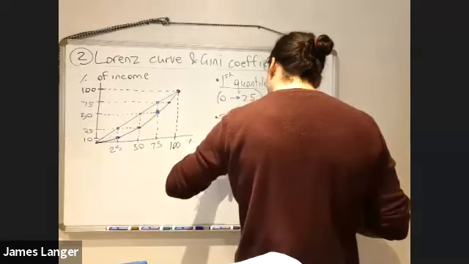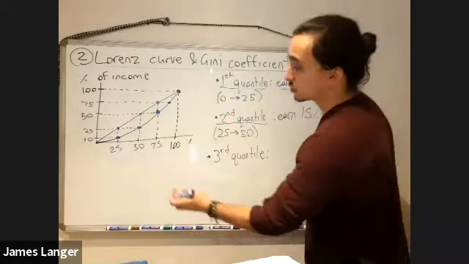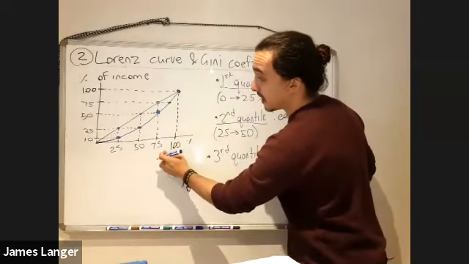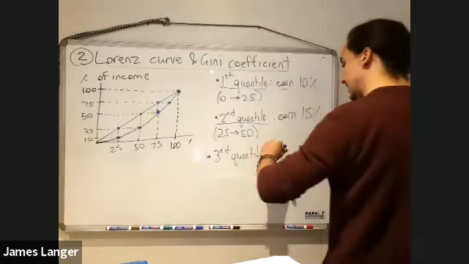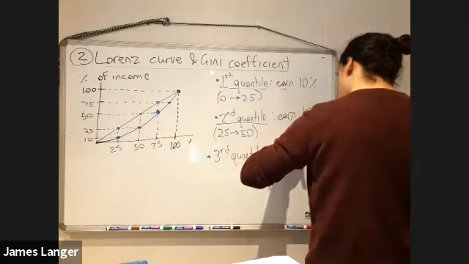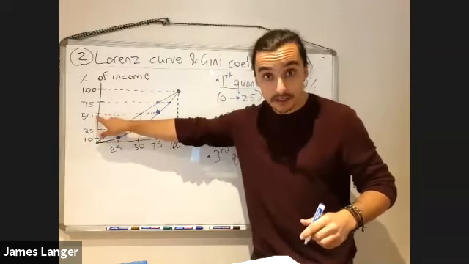The third quantile, which would be from 50 to 75, we see that they're earning 25%, because we go from 25 to 50.